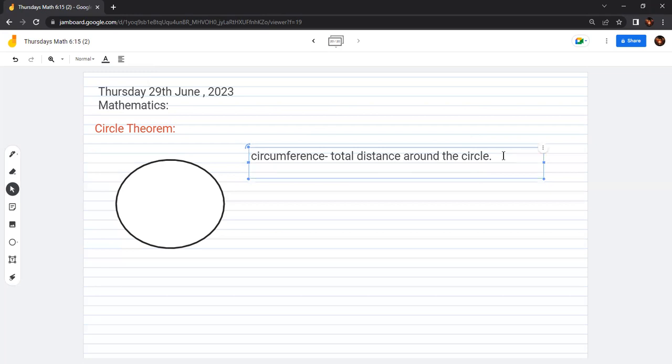Now, if you have a part of the circumference, which is not the entire circumference, we call that an arc length. So the arc length is a part of the circumference. When you hear the term arc, you know it is a part of the circumference.